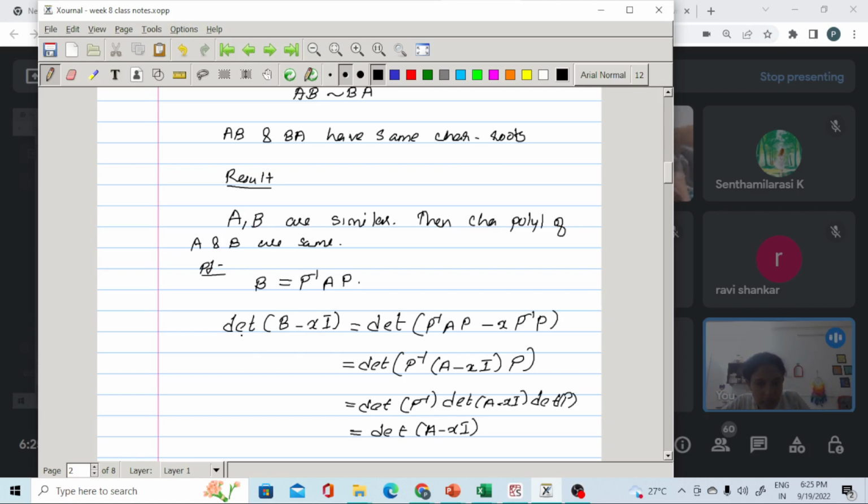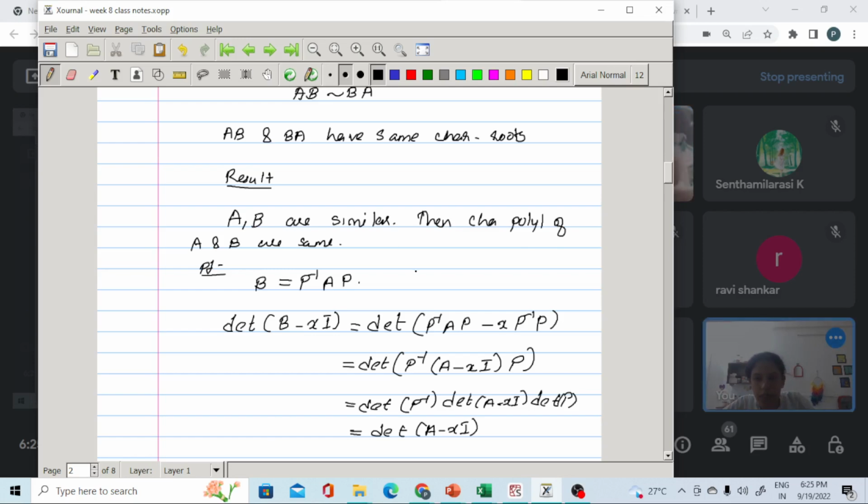That means the first one is the characteristic polynomial for the matrix B, and the second is the characteristic polynomial for the matrix A. So both polynomials are the same, so their roots, that means the eigenvalues, are the same for A and B. Is this okay?